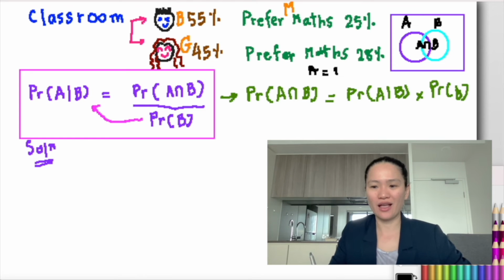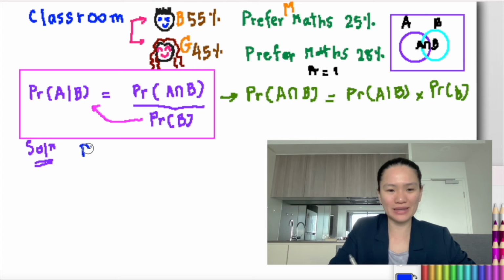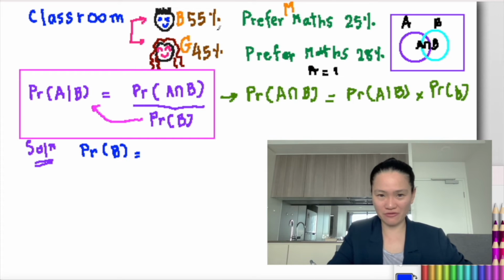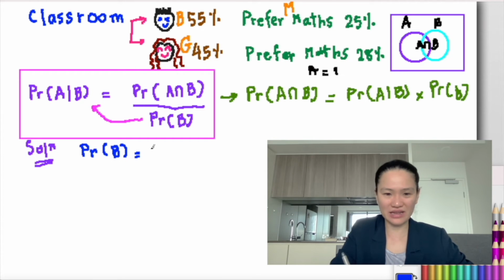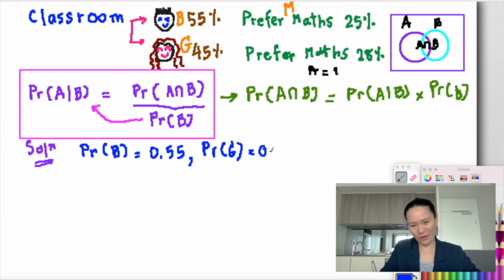So 55% boys means the probability that in the classroom have a boy equals 55%, which is 0.55. And the probability that in the classroom is a girl is 0.45. Does that make sense?